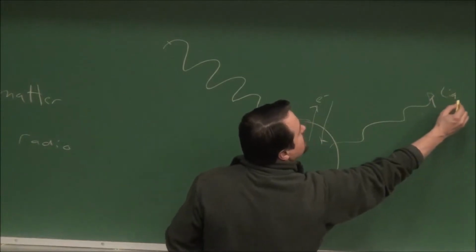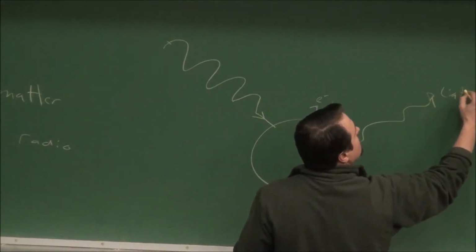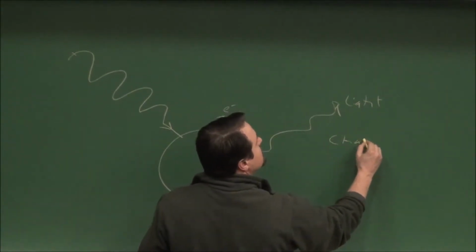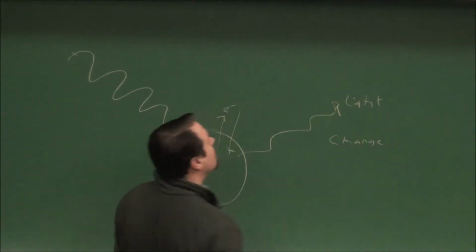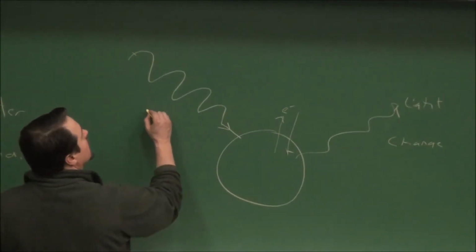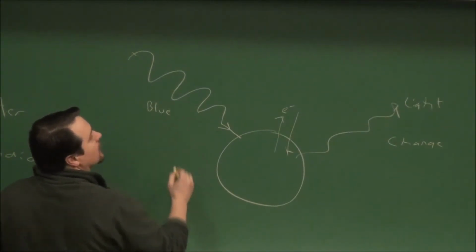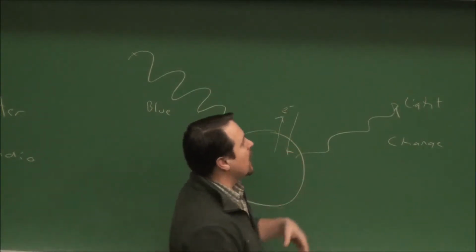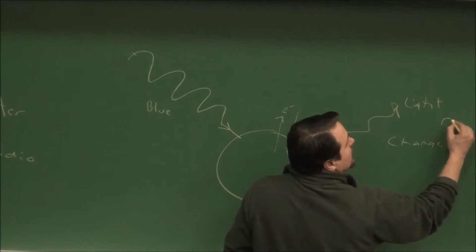And then sometimes the light coming out is changed. And so the scientists will look at, well, how did the light change? Sometimes you might shine in a blue light, and then it might excite an electron up, and then it gives back a red light or something else.